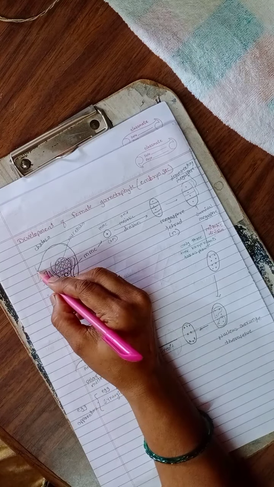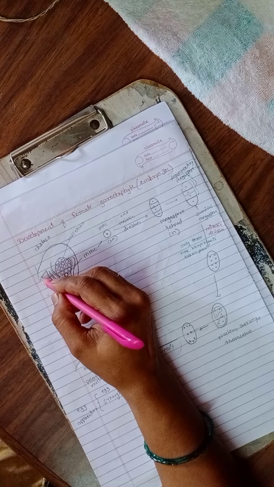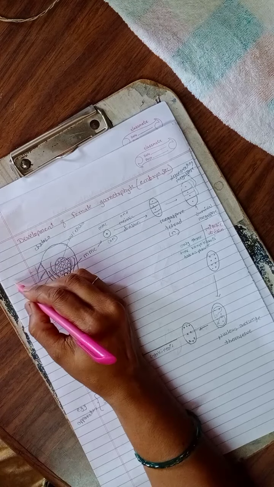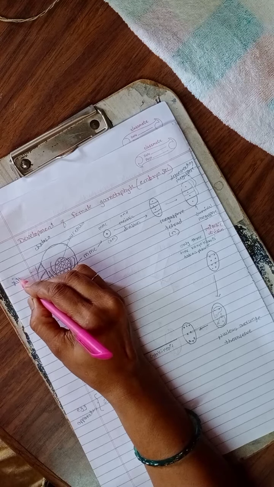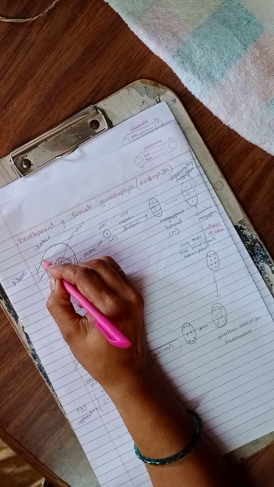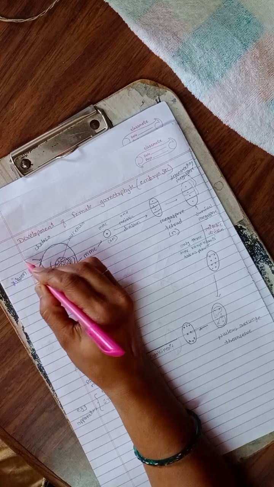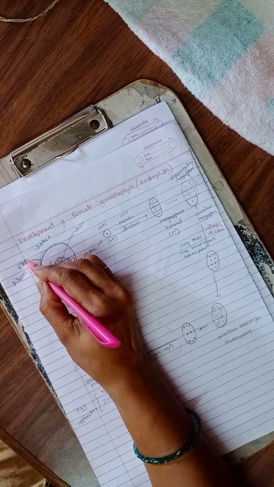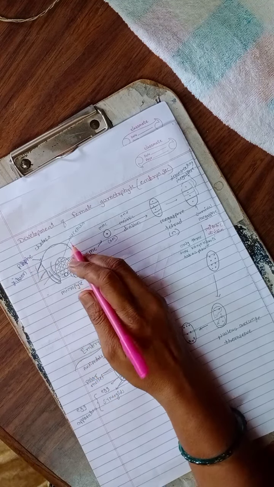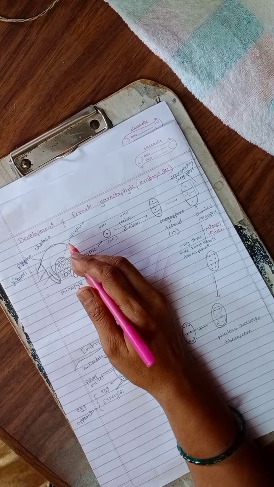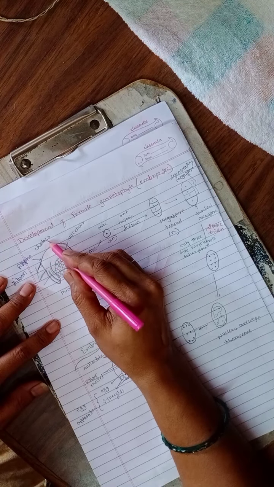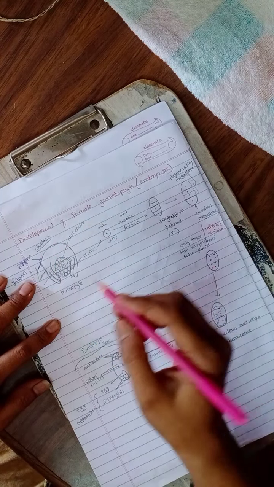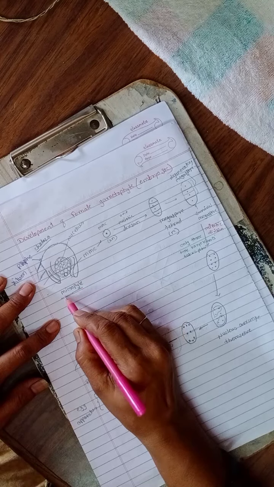This stalk is known as the funicle. The attachment of the funicle and body is known as the hilum, and this extended part of the funicle is known as the raphe. Then the ovule is in an inverted position, that is, the closed part is upside and the open part is downside. The closed part is known as the chalaza and the open part is known as the micropyle.